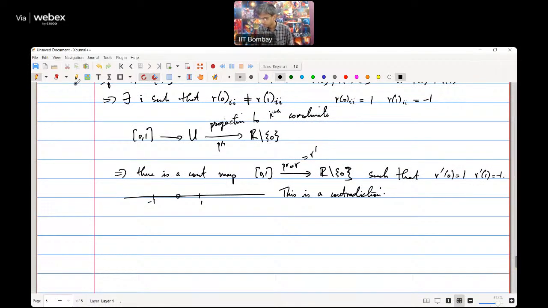So what does this mean? We have the set S, and it has two path components.